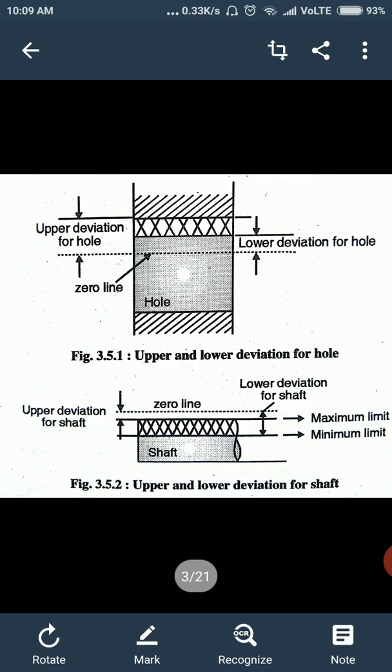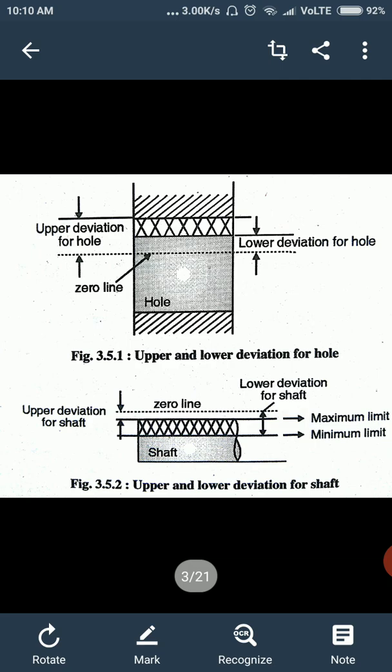That means the upper deviation is 0 for the shaft, so the basic size and maximum limit will be exactly the same.